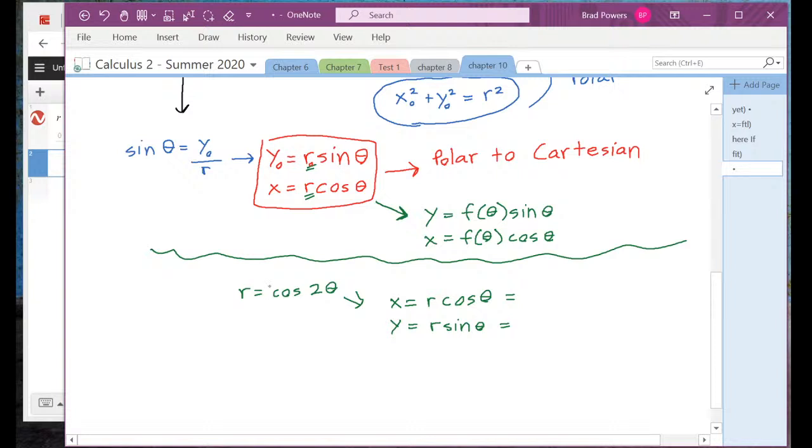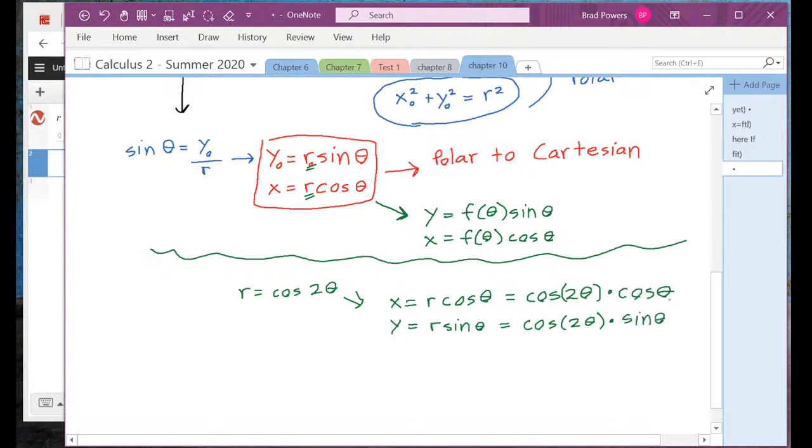But r is actually cosine 2 theta. So actually I could have written this as cosine 2 theta times cosine theta. And here I could write cosine 2 theta times sine theta.